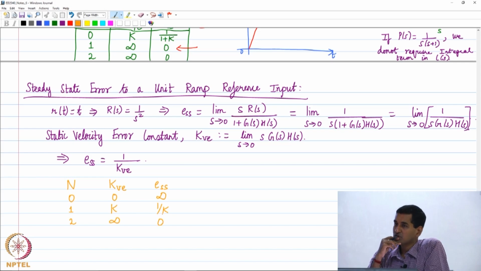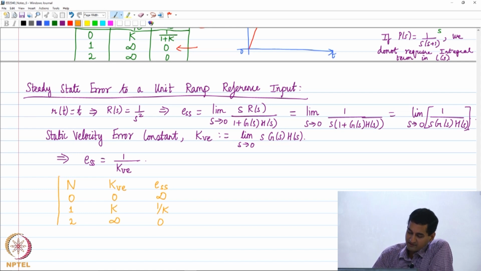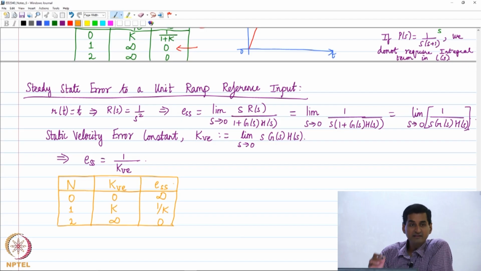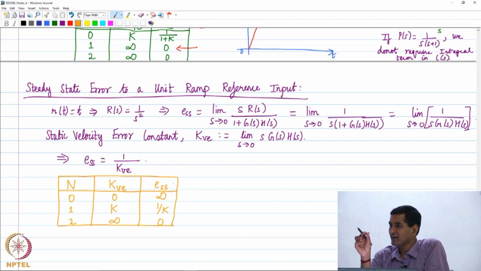Okay? So what this means is that if I want to track a signal which goes like a ramp, if I use a type 0 system, then I am going to get very high tracking errors, right? Of course, if the ramp is only for a finite duration, then we may still live with that error.